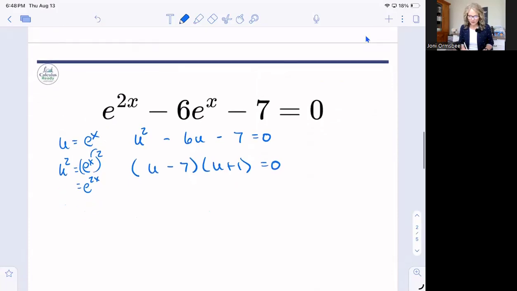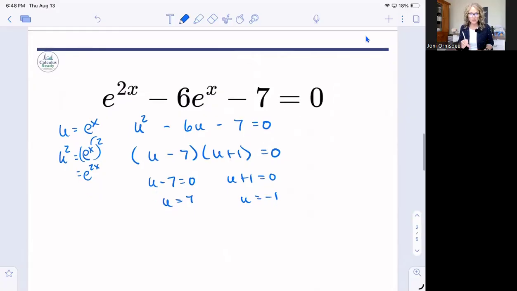Now, we could solve for u by setting these each equal to 0, and so u would be 7 and u would be negative 1. But remember, that's not what we're solving for. What we really want to solve for is x, and that x is inside an exponent.